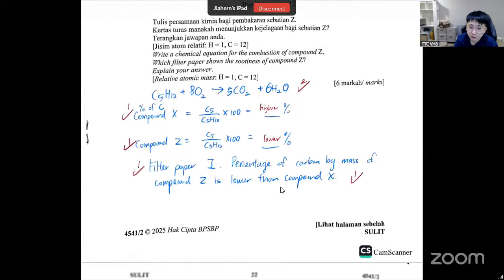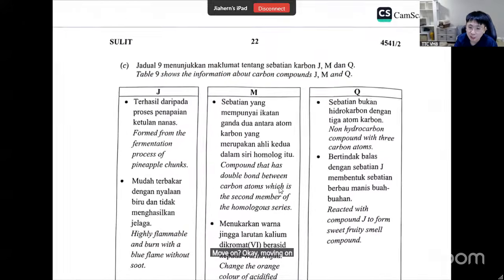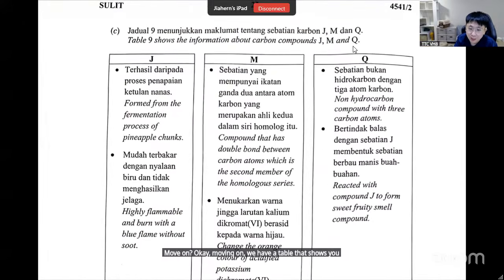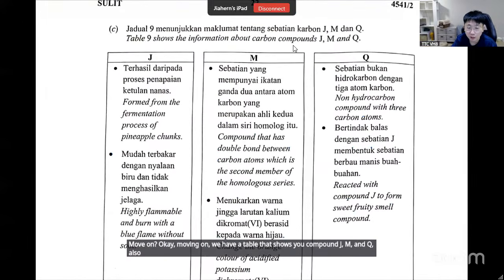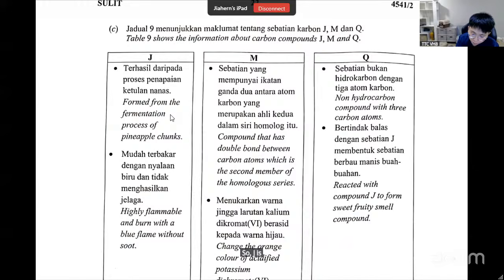Okay, moving on, we have a table that shows compound J, M, and Q, also carbon compounds. They relate to alkane, alcohol, alkyne, carboxylic acid, ester. So J is formed from the fermentation process of pineapple chunks, guys. When you learn fermentation, what is the only product we learn in carbon compounds?